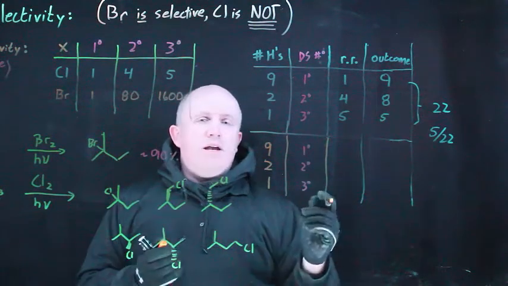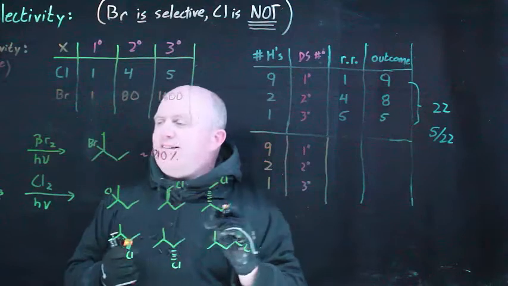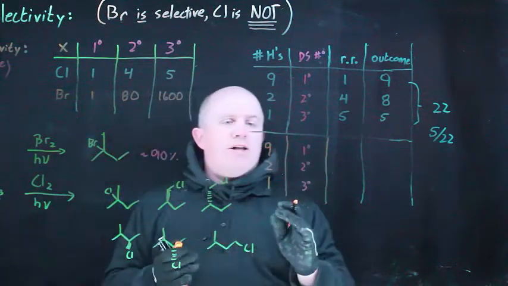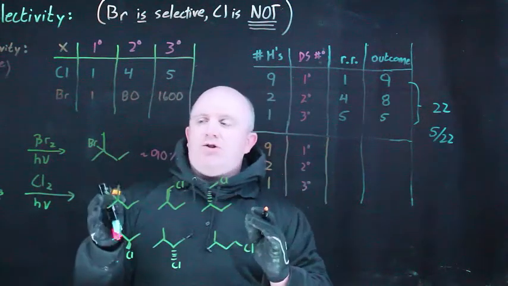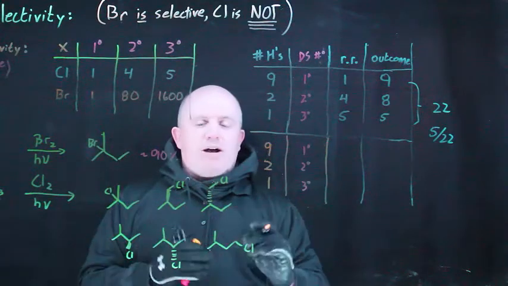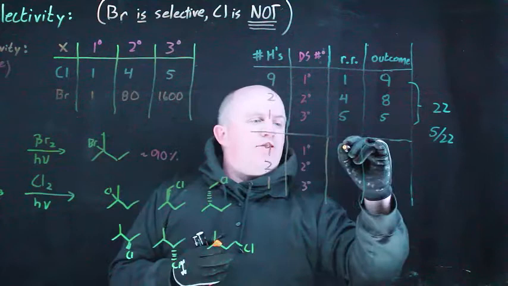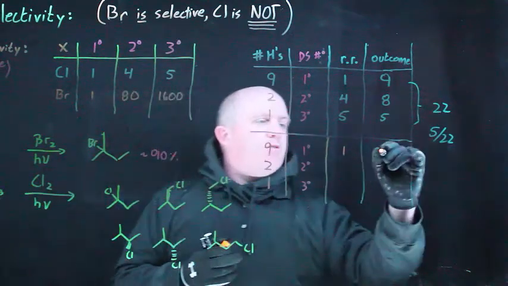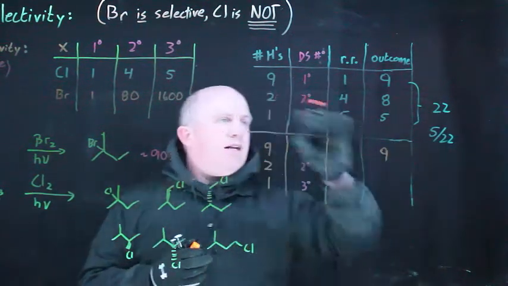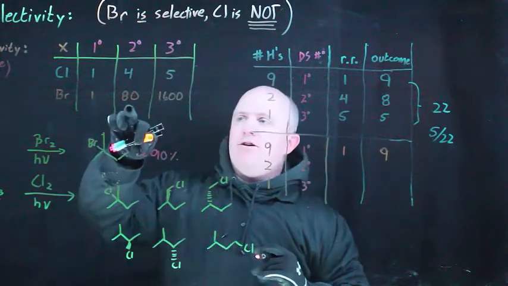It's not good. Meanwhile, if you walk through the exact same analysis for the bromide, again we have 9 potential primary products, and I haven't drawn them out, but it would be the same, just bromines instead of chlorines. Again, the relative rate for the primary we define to be 1, so we make 9 of those. It starts exactly the same. However, here's a big difference.